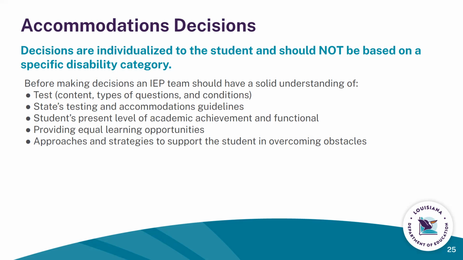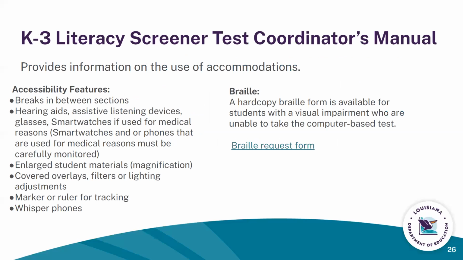They should have knowledge of the state's testing and accommodations guidelines, the student's present level of academic achievement and functional performance, as well as how the student is provided with equal learning opportunities, and what approaches and strategies are given to support the student in overcoming these obstacles.